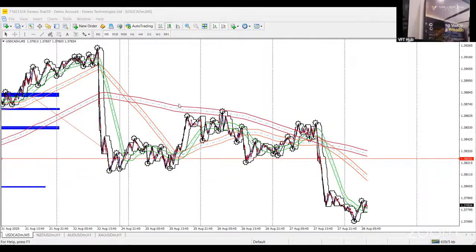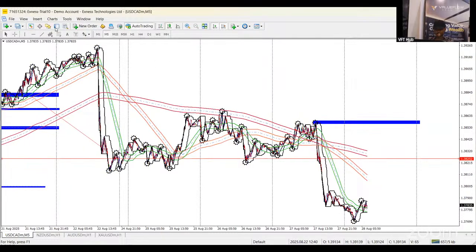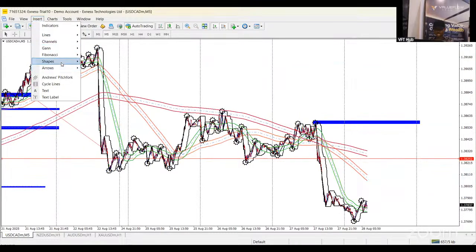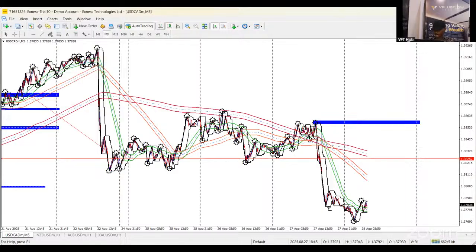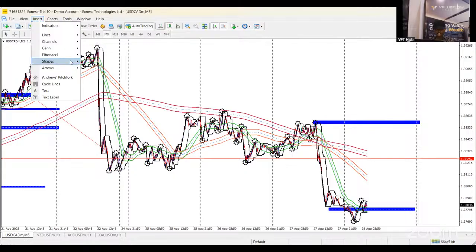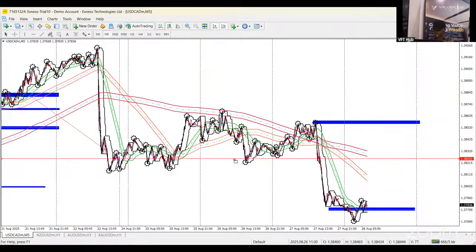Okay, so now the levels I'm marking out on M5: yesterday's high right here, yesterday's low here, and day before yesterday's high and day before yesterday's low. Day before yesterday's low happens to be in confluence with our H1 level.